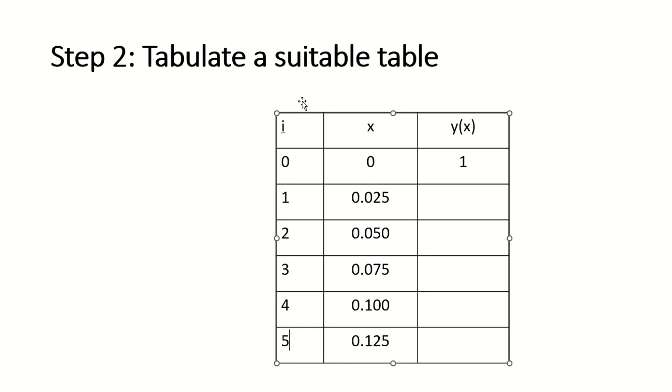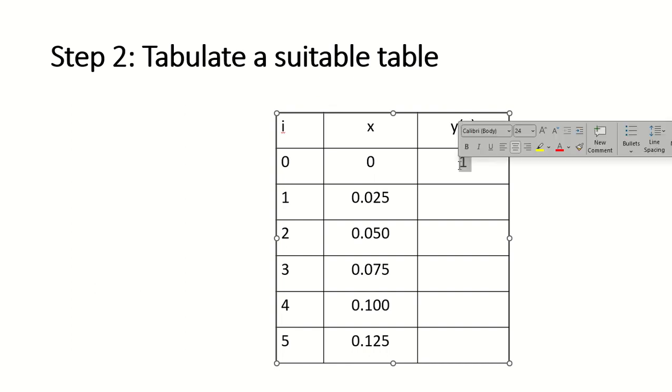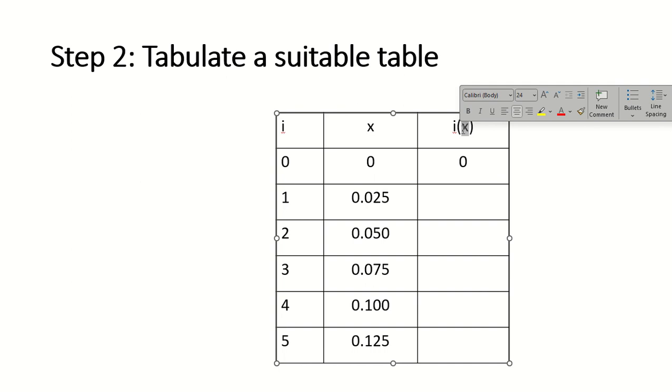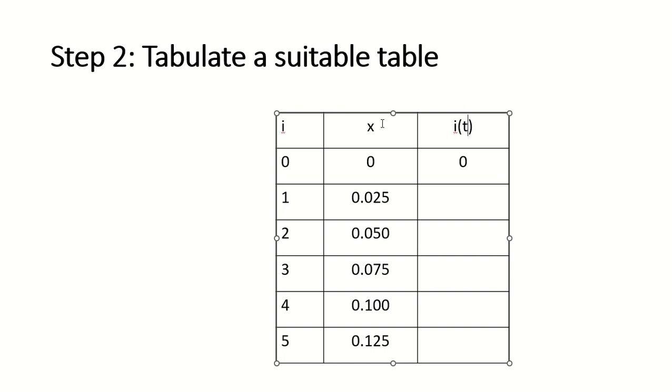And the initial value will be 0, as you know the current I initially at t will be 0, as given in the problem. So this is how we have set up step 2.